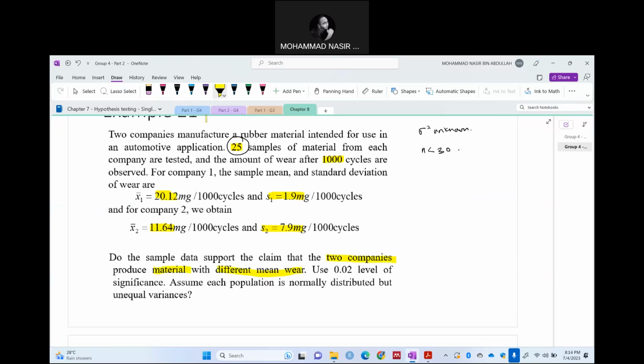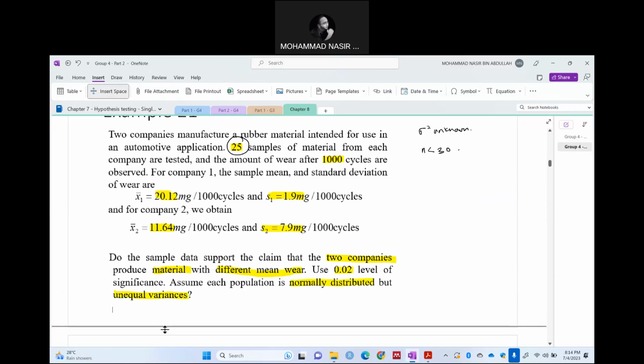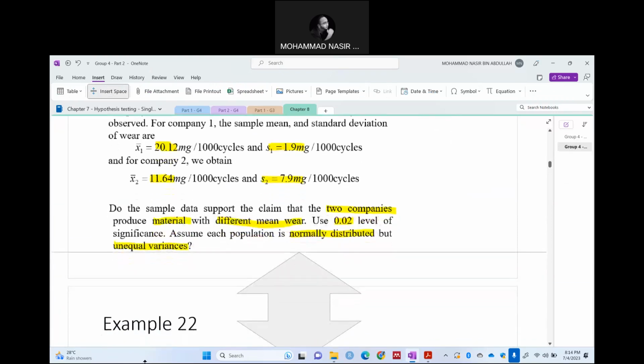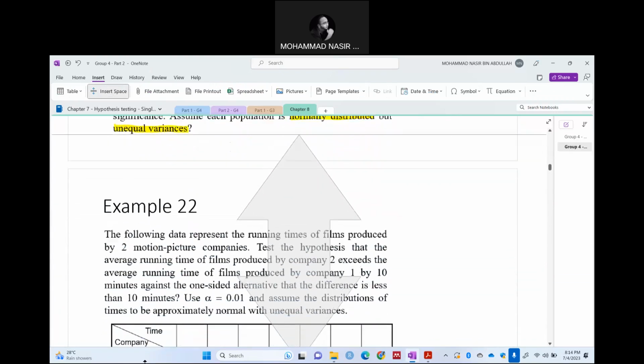So we want to see whether mu1 equal to mu2 or mu1 not equal to mu2. So we use alpha 0.02. Assume each population is normally distributed but unequal variance, right? So we know that this condition in this statement, we don't have equal population variance.